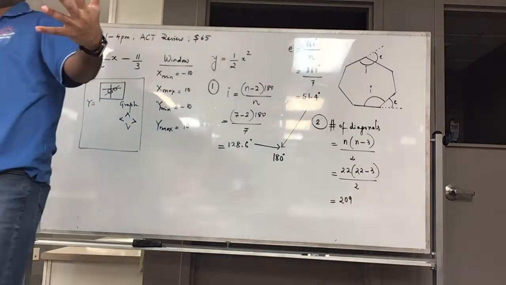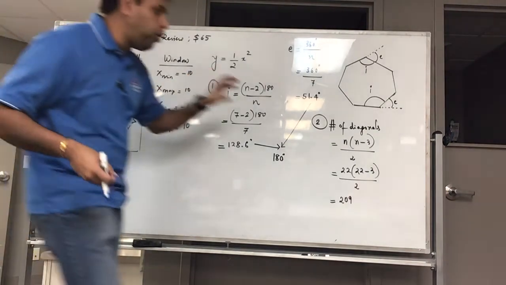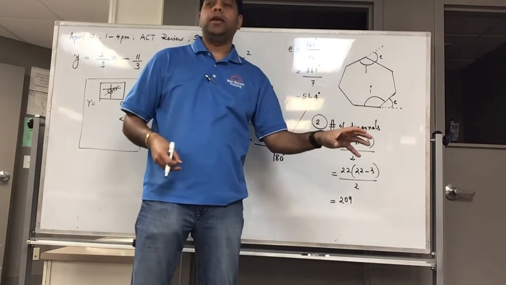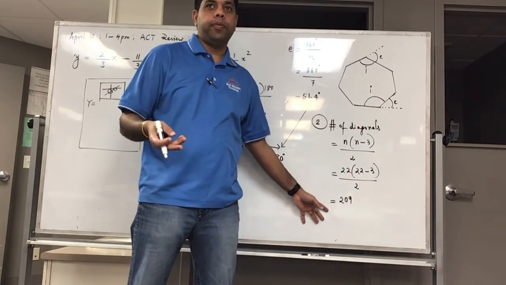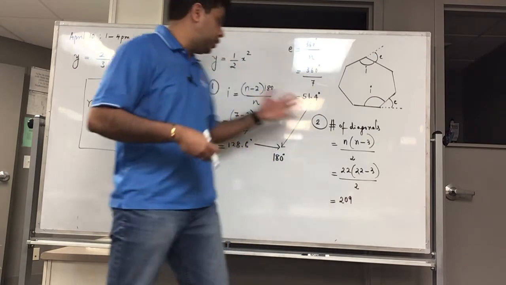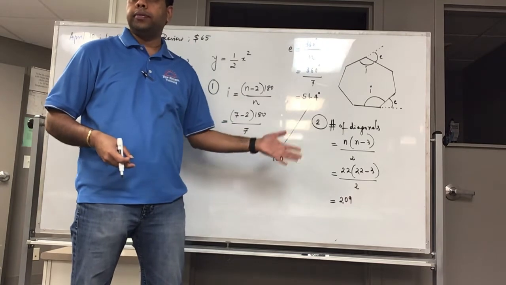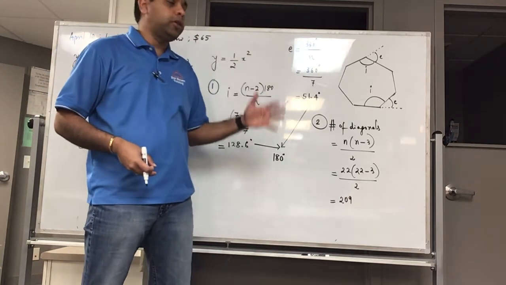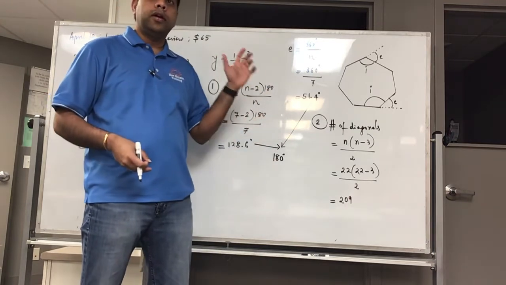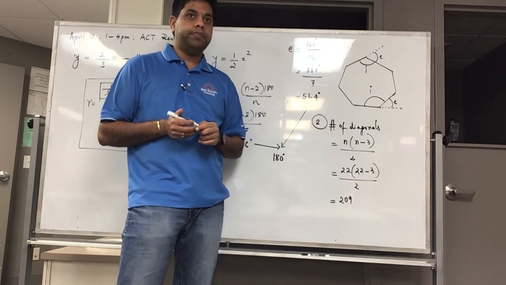So even if you want to guess, it's going to be very hard. And if you don't know this formula, I can guarantee you will not get to this answer unless you're just super lucky. Make sense? You got to know these formulas, otherwise it's just not going to cut it that day. You can be as smart as you can imagine, but if you don't know the formula, you won't get this problem right. Make sense?